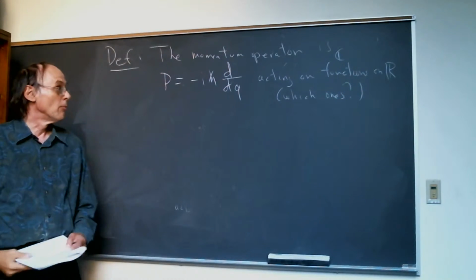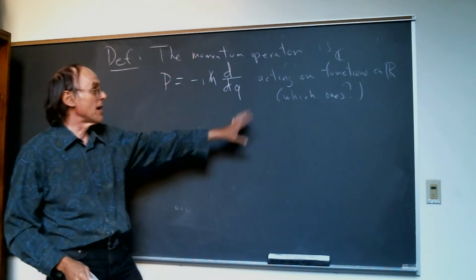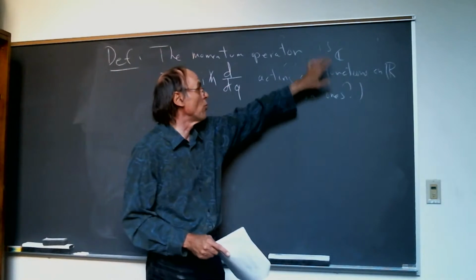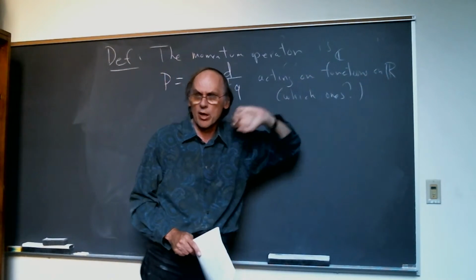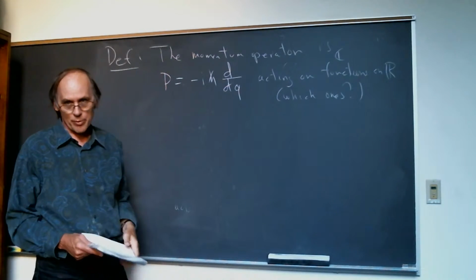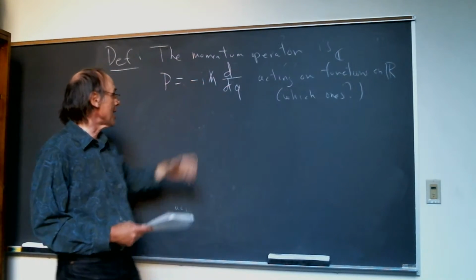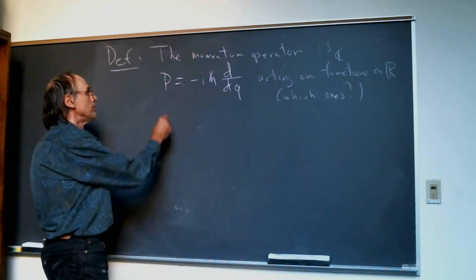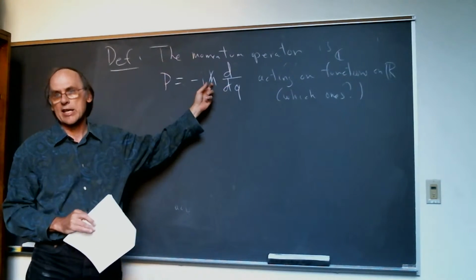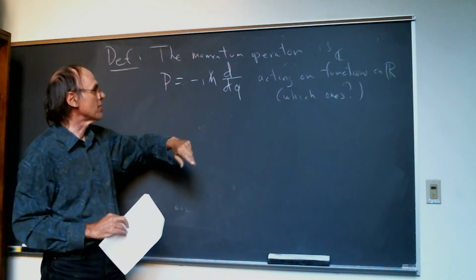But you should think of it that the state space that we're working on now is an infinite dimensional state space, but it's a very simple one. It's just the complex valued functions on the real number line, and we've defined this operator on them. I'm going to quickly stop writing h bars and go to units in which h bar is equal to 1. But every so often I'll write it down.